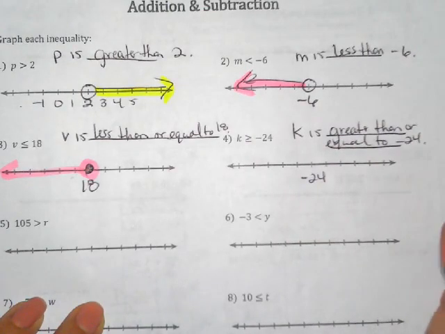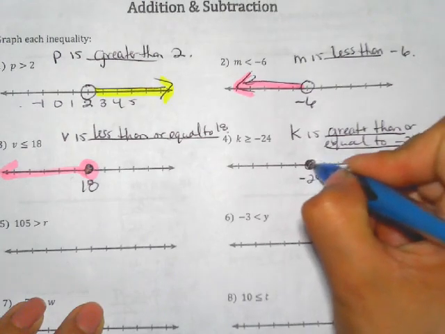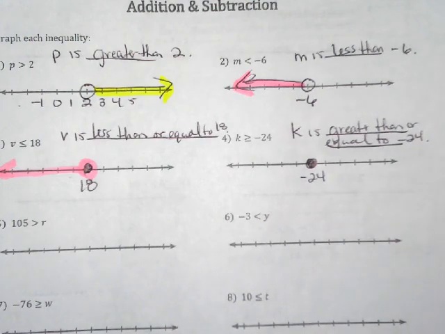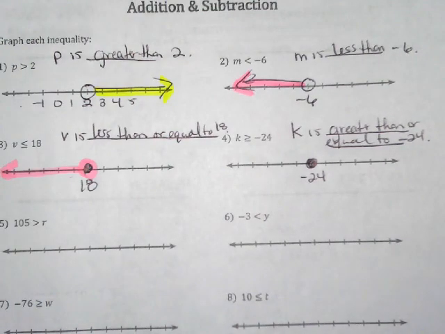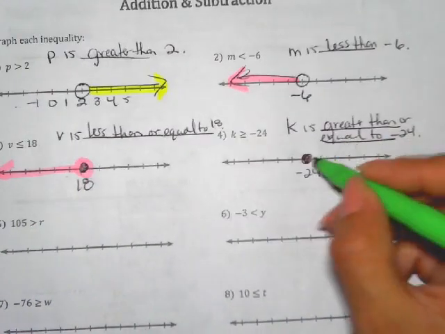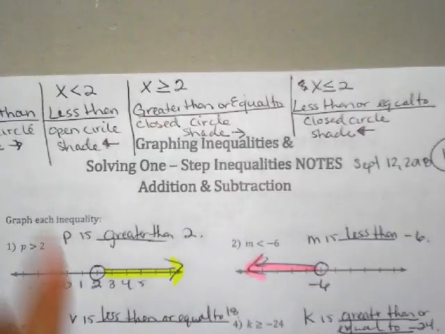Open or close circle? Close. We shade to the right or to the left? Greater than? Greater than is always to the right. If you don't remember, always look up.